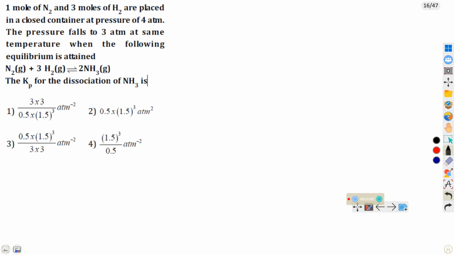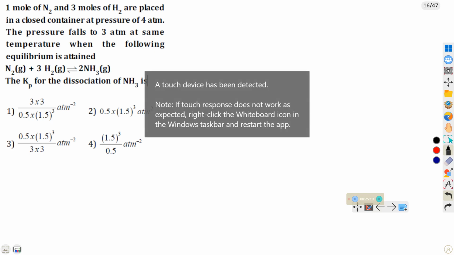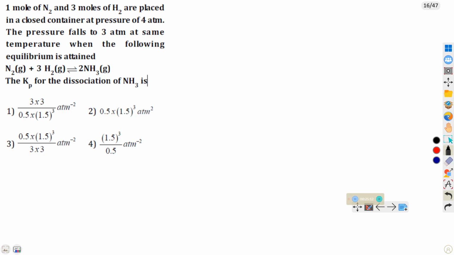1 mole of N2 and 3 moles of H2 are placed in a closed container at a pressure of 4 atmosphere. The pressure falls to 3 atmosphere at same temperature when the following equilibrium is attained. The Kp for dissociation of NH3 is?